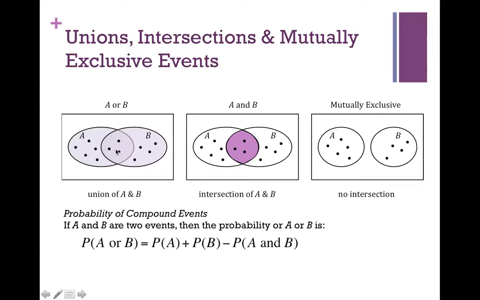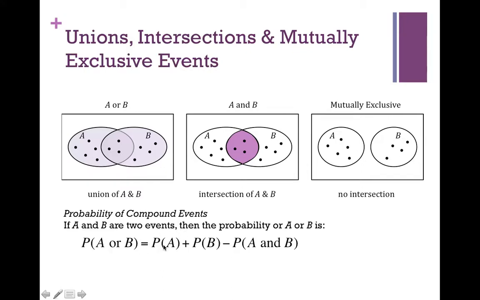So in order to get rid of the double up, we then have to subtract the probability of A and B. So this section right here, where we have the intersection, that probability needs to be subtracted because we've just double counted those when we counted them as part of A and when we then counted them as part of B. So this is the formula we need to follow when we are finding the probability of compound events, the probability of A or B happening.